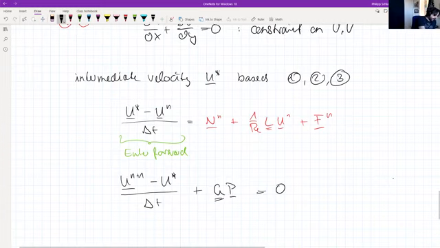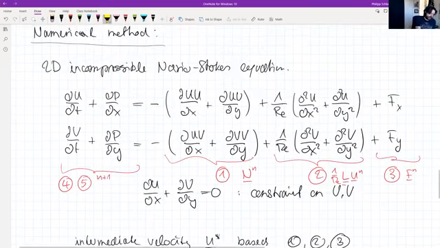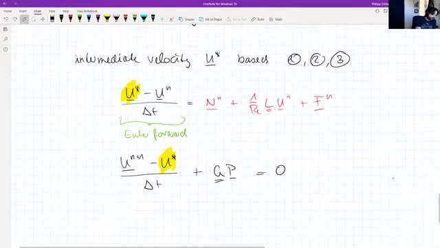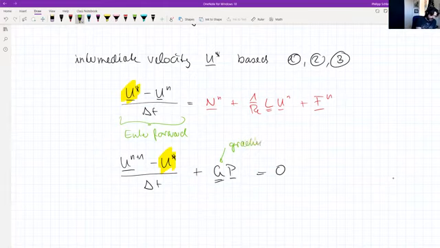Well, first of all, you can directly see I can combine these two equations, and then, by just adding them together, I can see that u star will disappear, and I will end up with essentially a discretization of the whole equation, including now also the pressure gradient. So the G operator here, that would be the gradient operator.